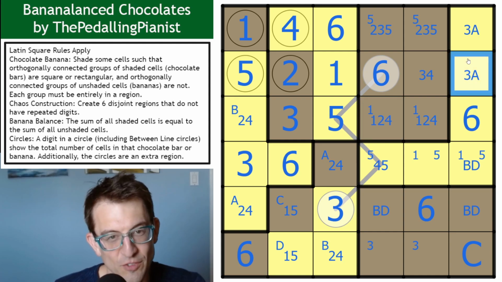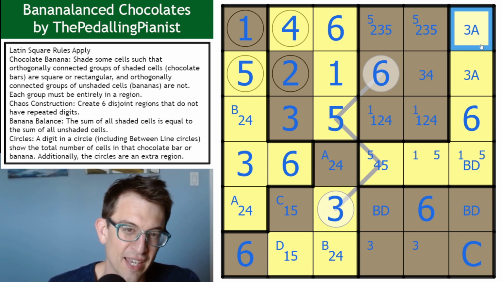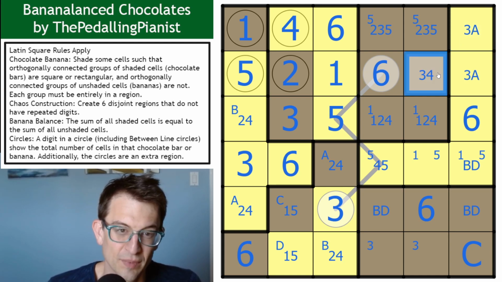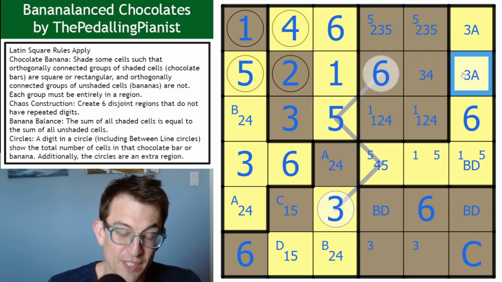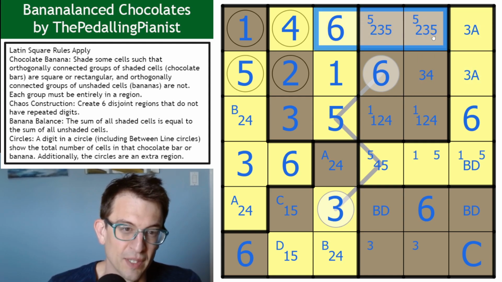If this is A, it's 4. If this is A, it's 2. Let's start with that. If this is A, it's 2. And then A, and then B would be here. So if this is A, this is B. So if this is A, this is 3. So where would B be in that case? If this is A3, B would be up here.